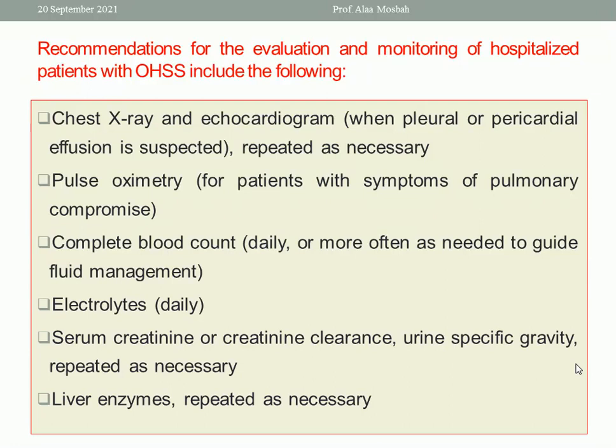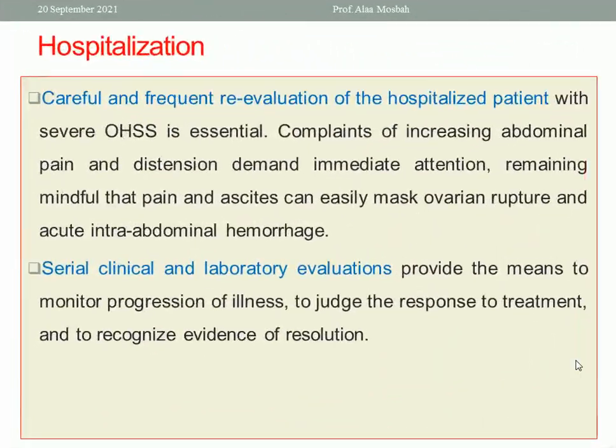Electrolytes daily, sodium and potassium. Serum creatinine and the creatinine clearance should be done as necessary, day after day, or sometimes daily. Liver enzymes repeated as necessary also. Careful and frequent re-evaluation of the hospitalized patient with ovarian hyperstimulation syndrome is essential.